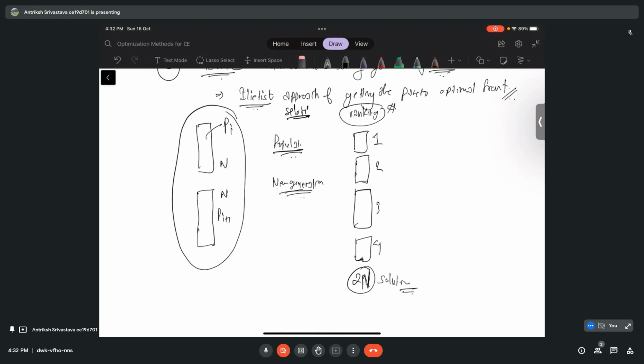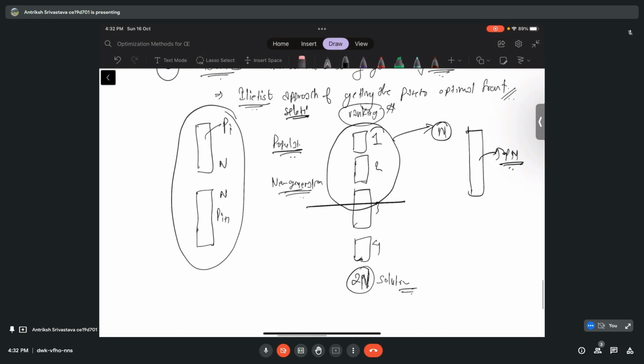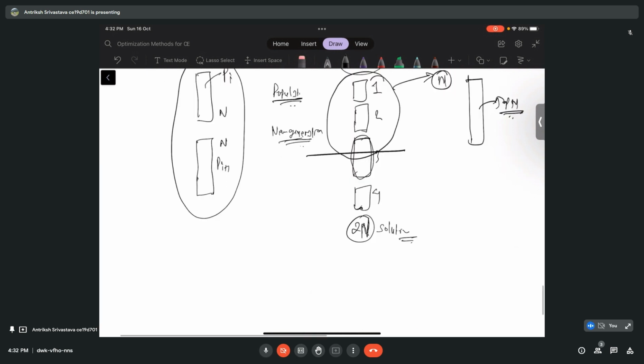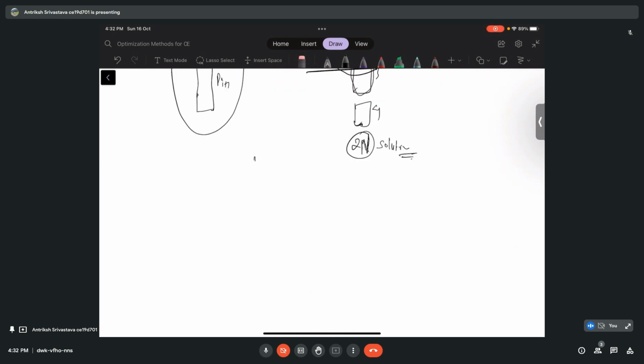Out of this, you select the top n solutions for your new generation. And as it was discussed, some solutions will have the same rank. So how do we select among them? For that, the crowding distance is used.